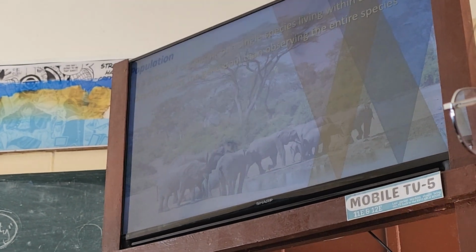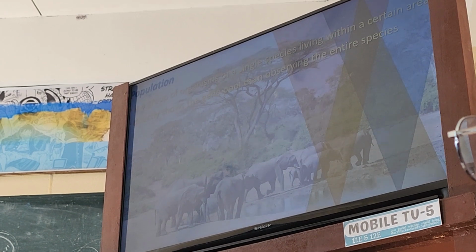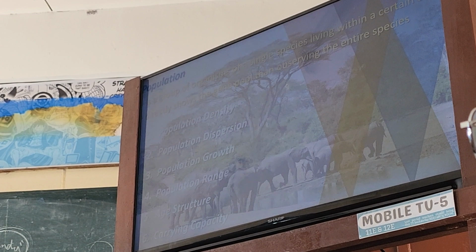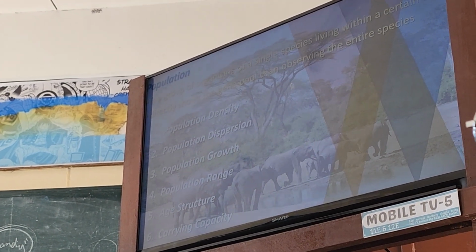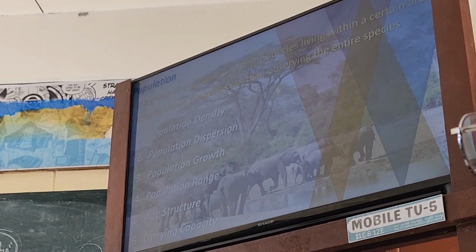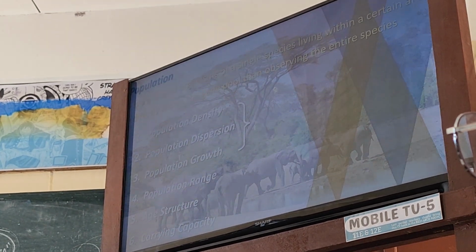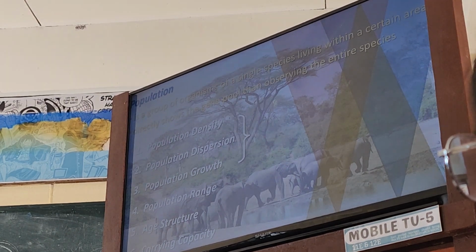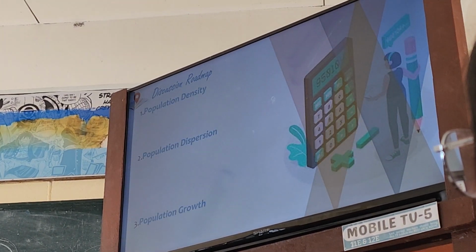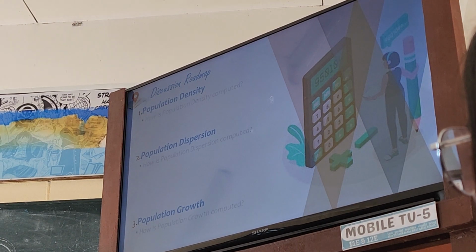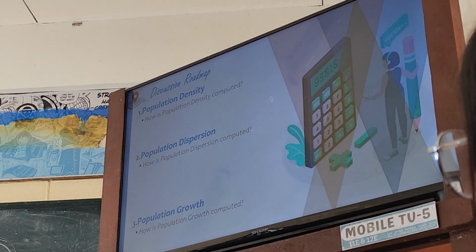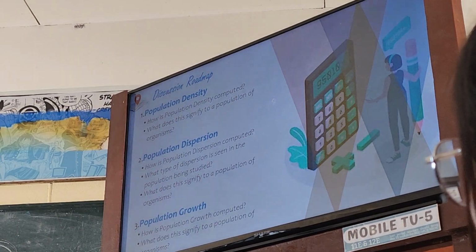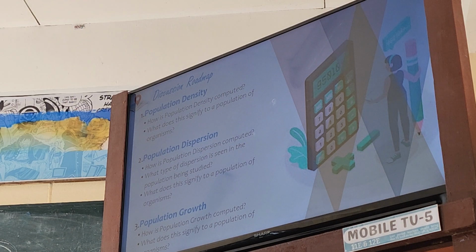There are 6 population characteristics we learned yesterday, and the first 3 we will learn how to compute. Our roadmap for this afternoon is knowing how to compute population density, dispersion, and growth, and what they describe in the population.